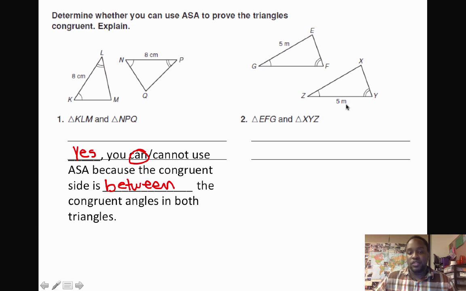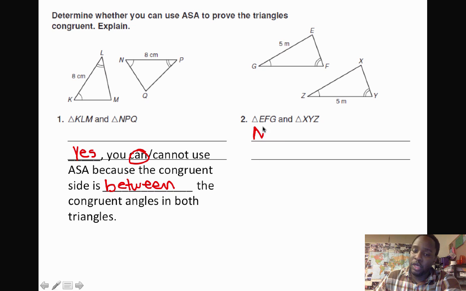Now let's take a look at this one. Triangle EFG, is it congruent to triangle XYZ? Here we have congruent angles and congruent sides. While this side length is between the two angles, this side length is not.